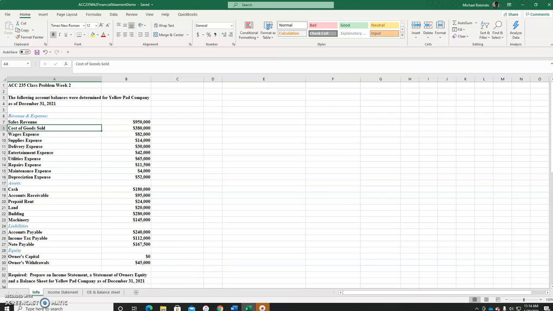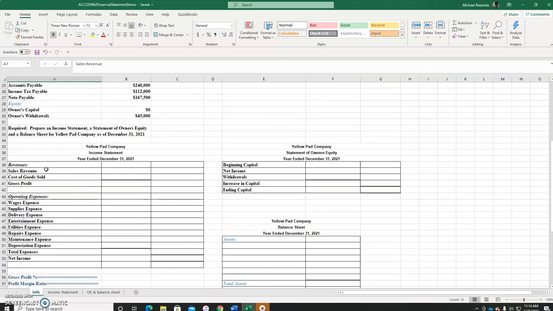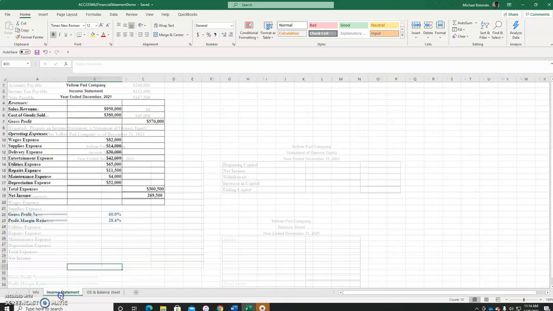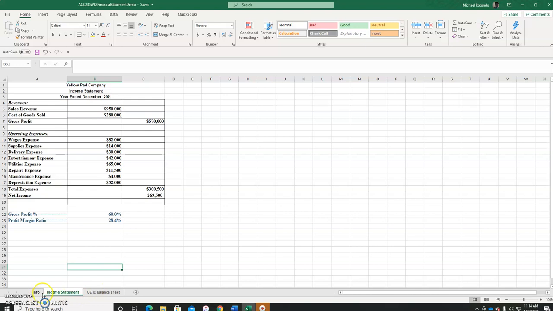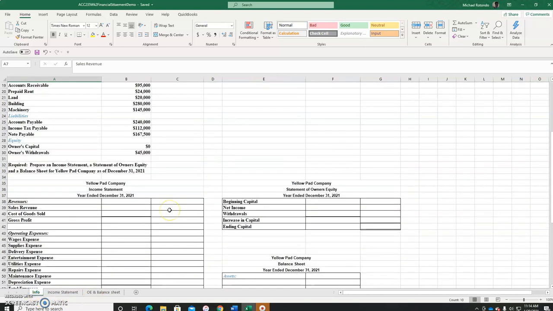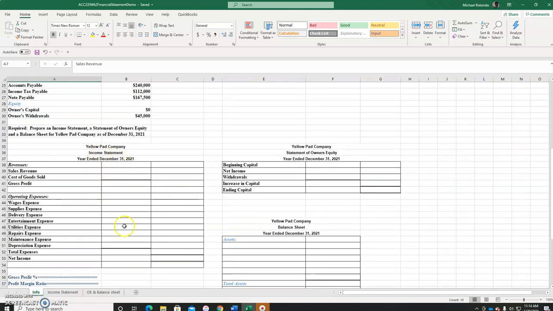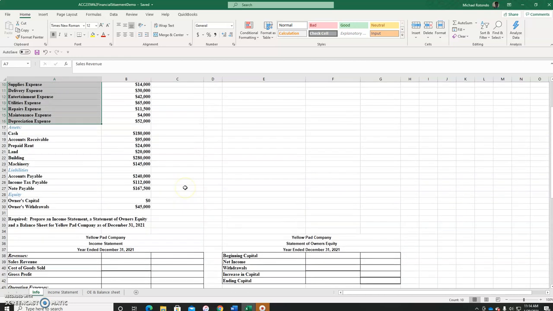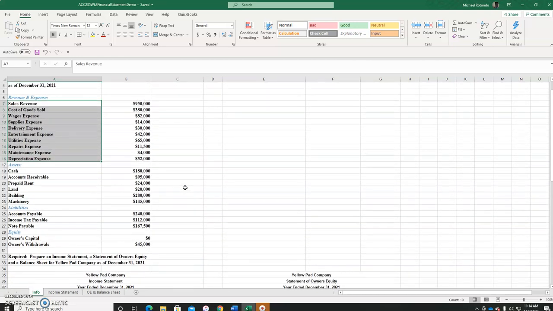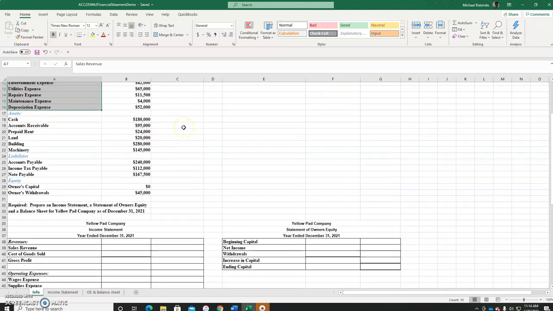Now, we learned before that revenues and expenses need to go onto the income statement. So if we go below here, and I know in class we use the bigger printouts, but for now we're going to use these smaller ones that are available right here, just to make it easier to see the numbers.